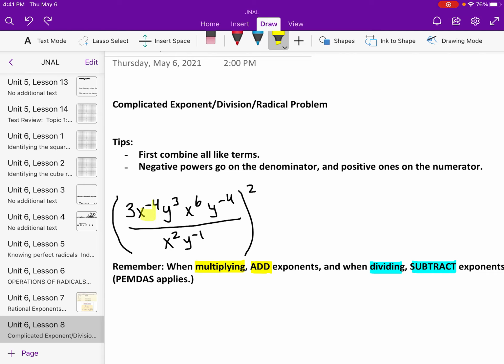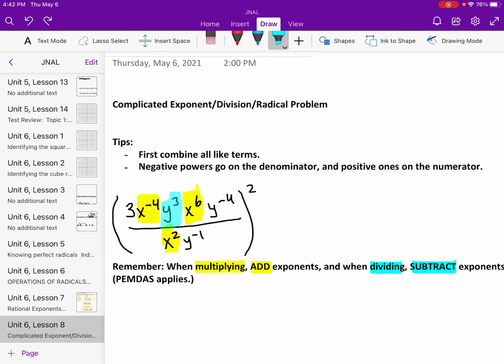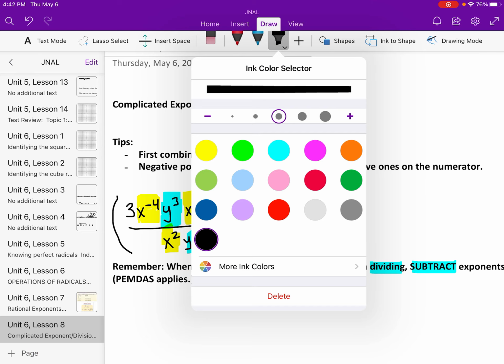So we have an x to the 4th, we have an x to the 6th, and we have an x squared. We don't necessarily have to have this 3 right here, because even though that's a coefficient, we don't have to do that. So then the only other thing we have is the y's, and we just combine the like terms.